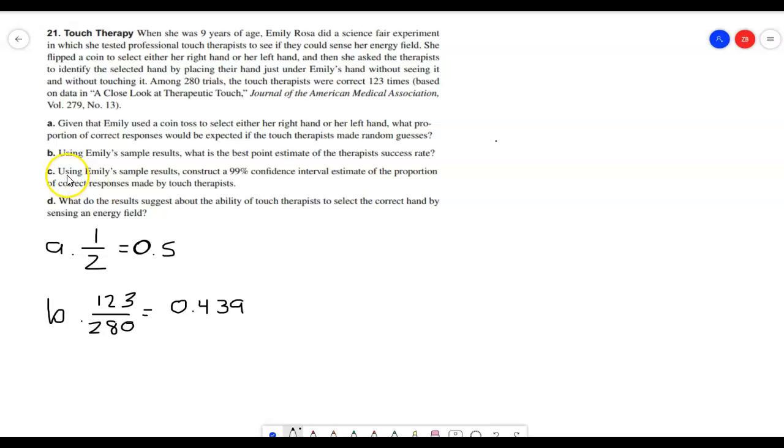All right, the next thing it says, using Emily's sample results, construct a 99% confidence interval estimate of the proportion of correct responses made by the touch therapists. So this is around 44%. Now we want to construct a confidence interval, and we want to be 99% sure of our results.